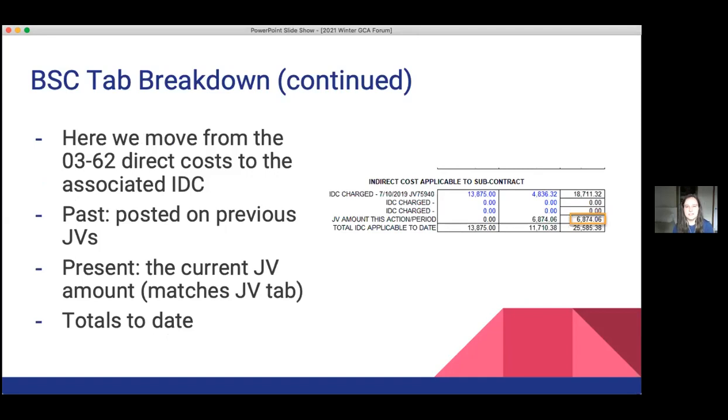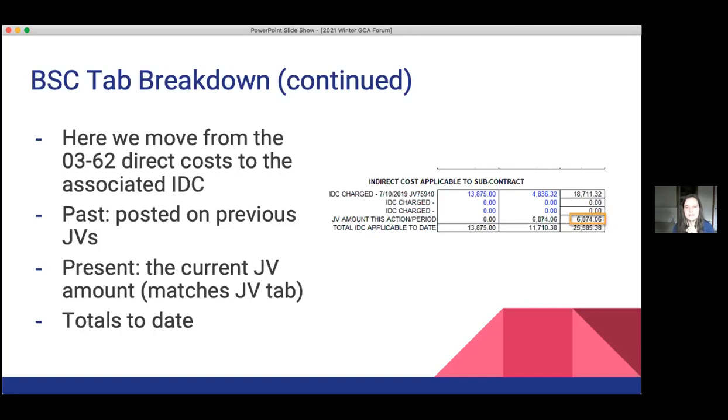In the next section, it's indirect costs applicable to subcontract. And you can see the IDC charged previously. So in the first subcontract, we charged the full amount all at once. And then the second subcontract, when we did the reconciliation, we did both at the same time. And we only charged $4,836 and change.